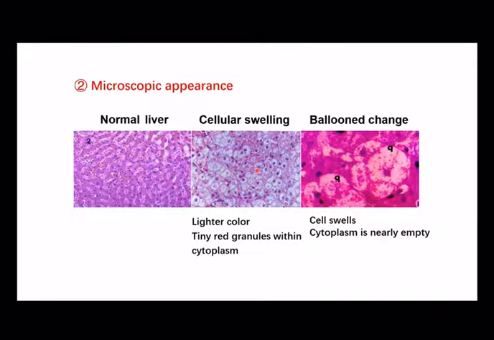In serious hydropic degeneration, the third picture, the swelling cells are huge and round. For example, this one and this one. The cytoplasm becomes very clear, looks like empty. We call this ballooned change.